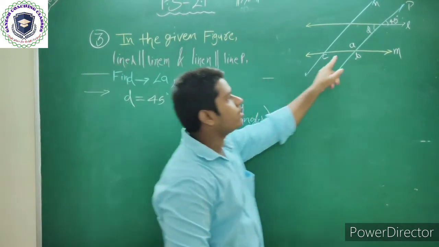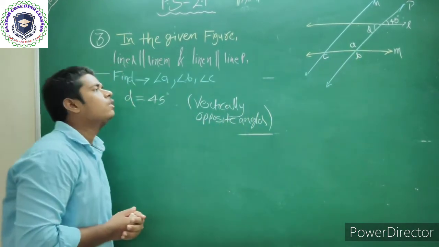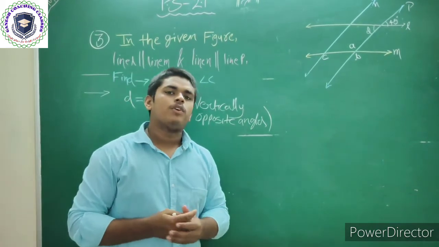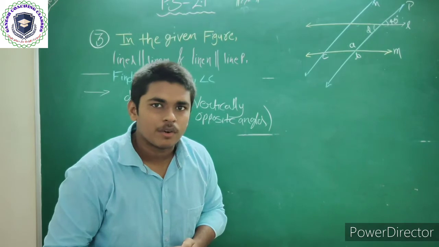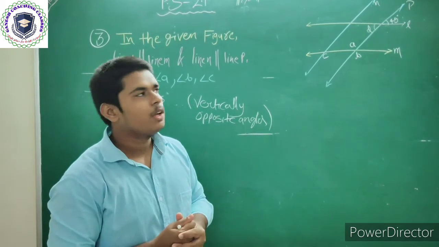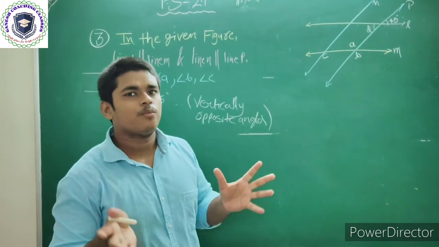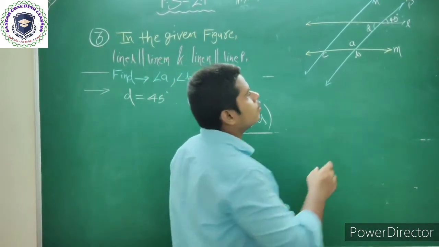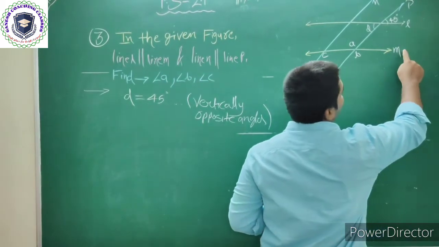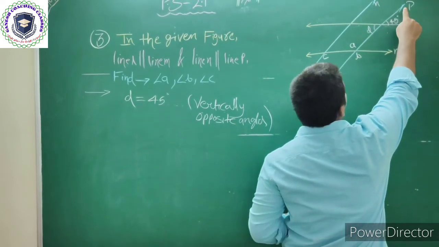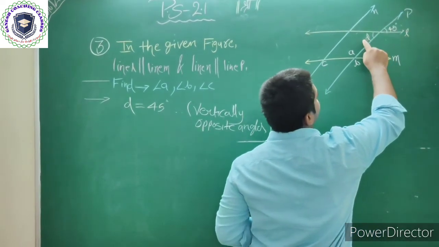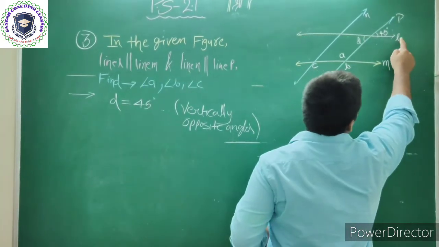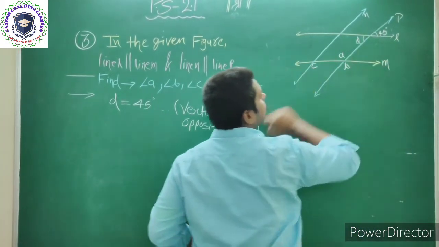Now we have to find the value of A. For making the interior angles we have to write one statement. What is this statement? We have to write by which line these interior angles are made. Here L and M are parallel and P is the transversal, so we get D and A. We have to write the reason that L and M are parallel to each other and P is the transversal.